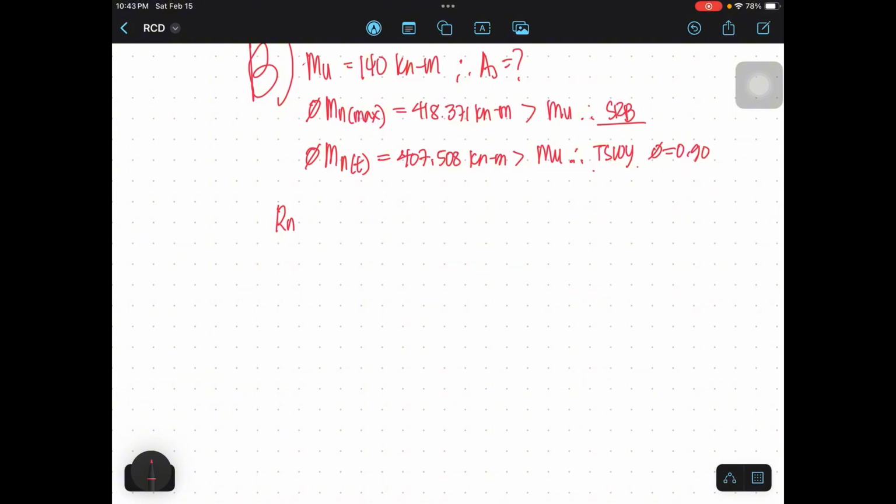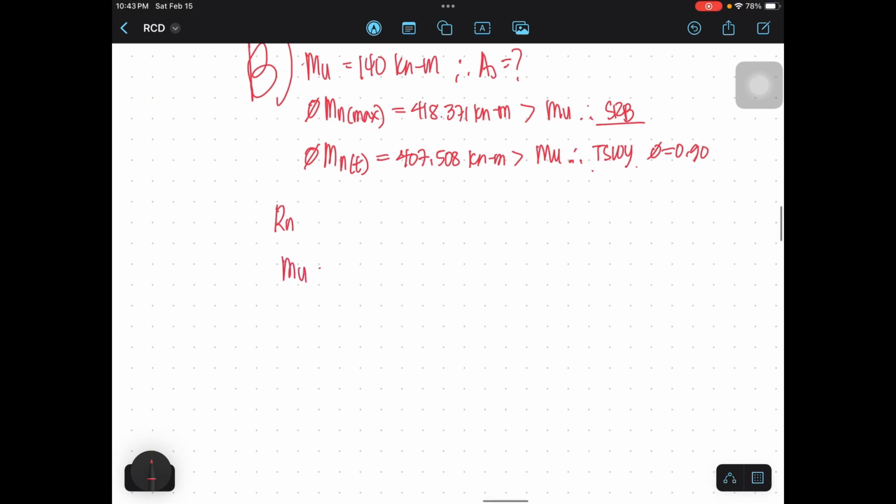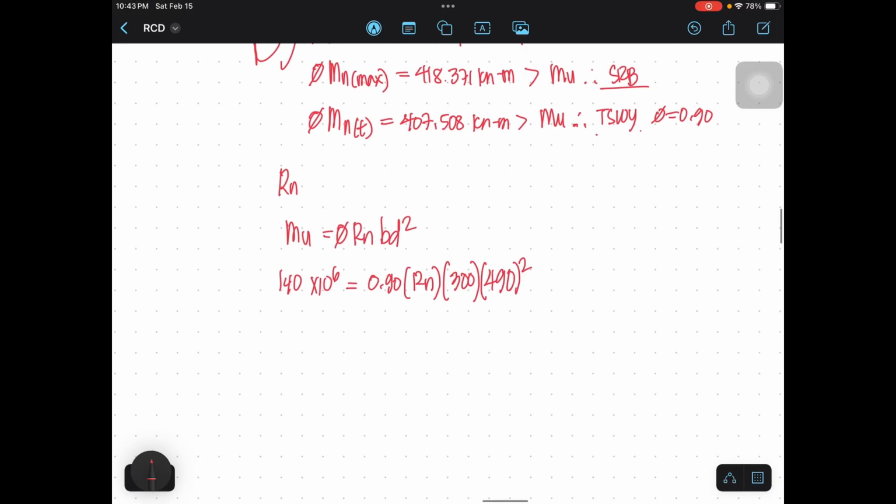Para makuha natin yung steel reinforcement ratio and then yung area of steel required. Okay, so to do that, we have MU is equals to the reduction factor times Rn times b d squared. So MU natin na 140, so times 10 raised to 6 para maging Newton millimeter, and reduction factor na 0.90. Yung Rn natin or coefficient of resistance, which is the unknown, multiplied by 300 and the square of the effective depth.